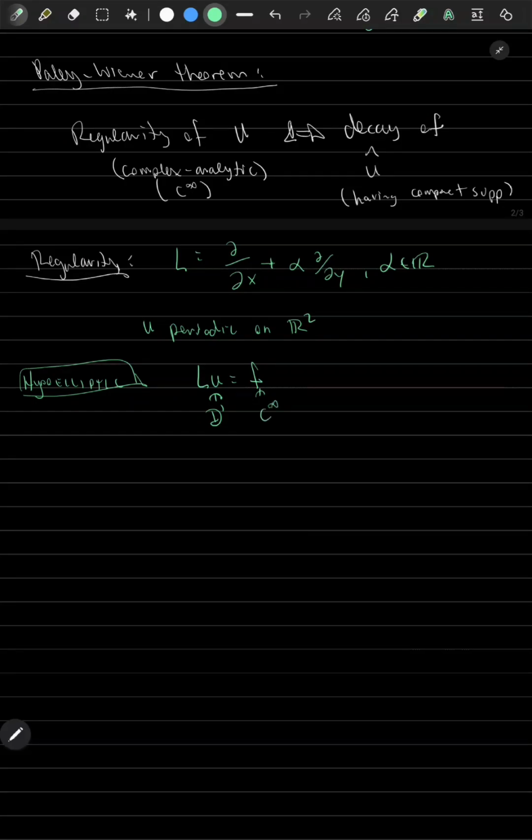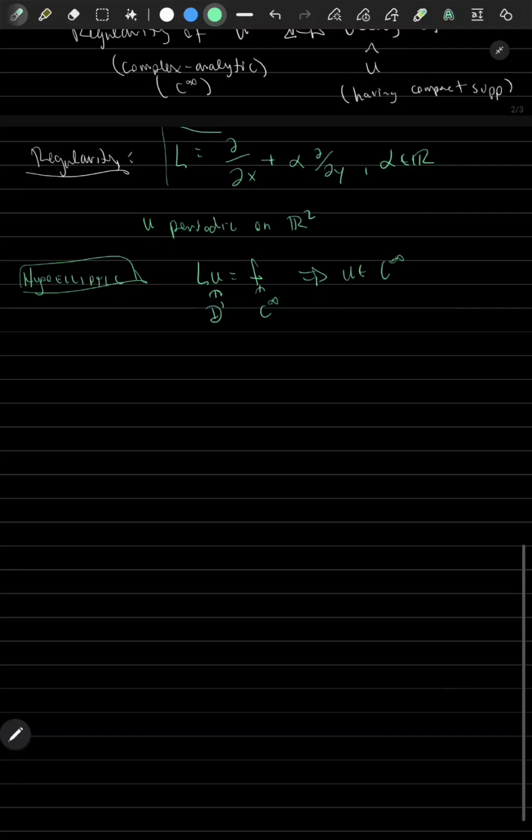So if we're in a case like this, then that implies that U also must be regular. So it's an operator that transmits the regularity of F to U necessarily. So that's what hypoellipticity is. It's an operator that behaves nicely with respect to regularity. And we can determine whether we can actually characterize the hypoellipticity of this operator based exclusively on what, on alpha. And so the theorem is as follows.